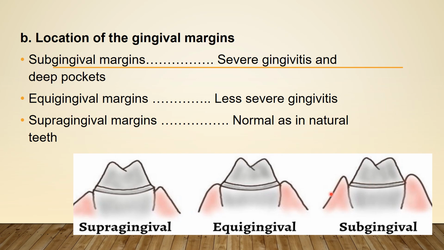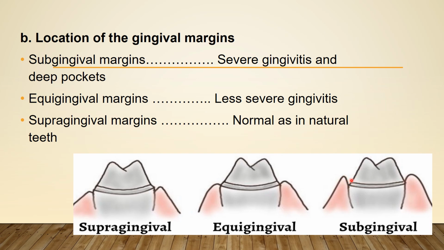From the picture itself, you know that subgingival margins, compared to the other two, will go beyond the gingival sulcus, and they will favor plaque retention, and the microbial shift can be seen here.